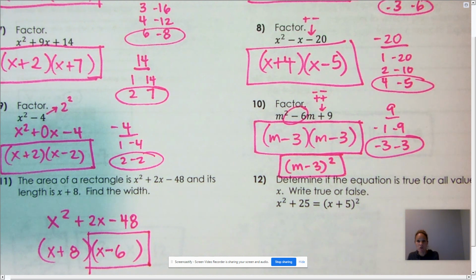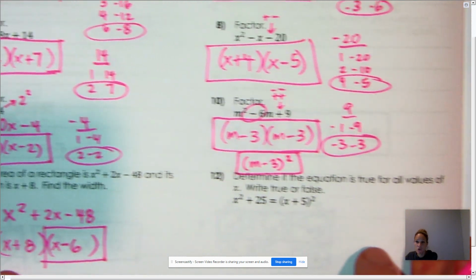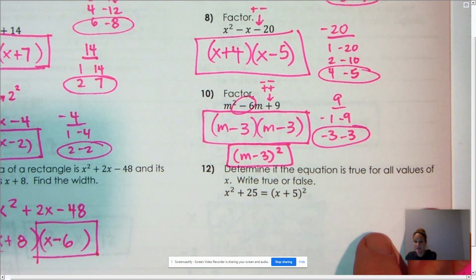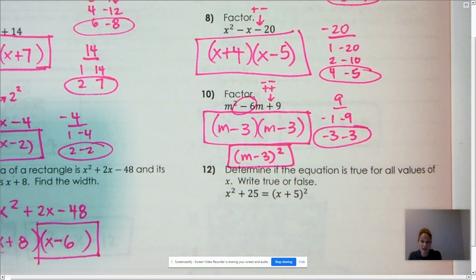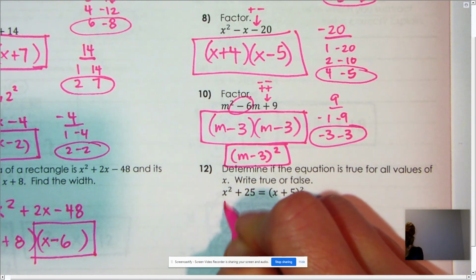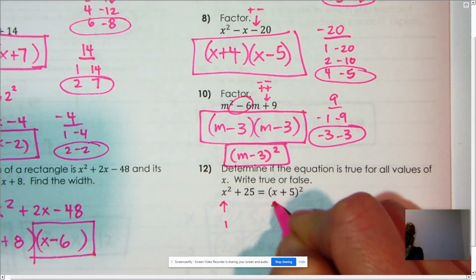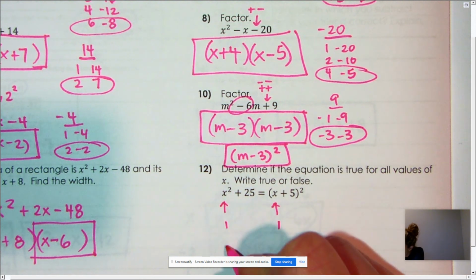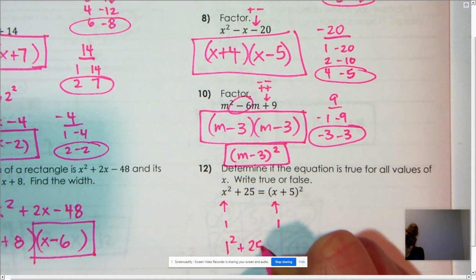Okay, question number 12, determine if the equation is true for all values of x, right, true or false. Okay, let's just try plugging in any value. Let's try plugging in 5 or even 1. Okay, if I plug in a 1 right there, 1 is probably the easiest number to plug in. So if I plug in 1, I get 1 squared.